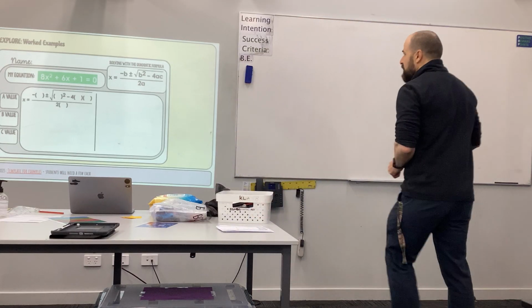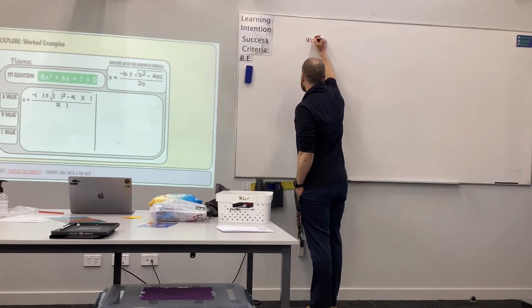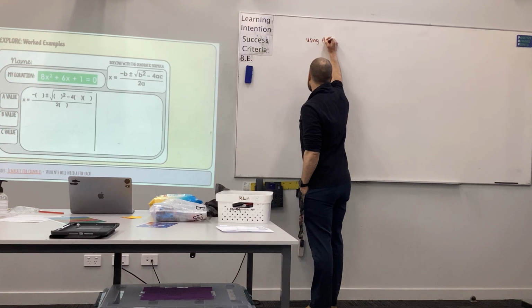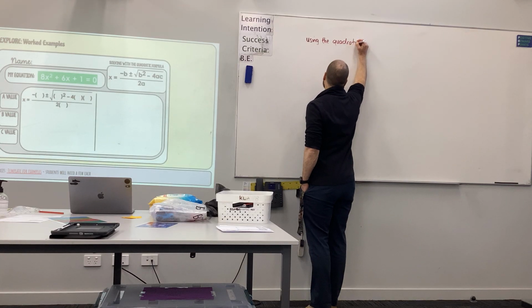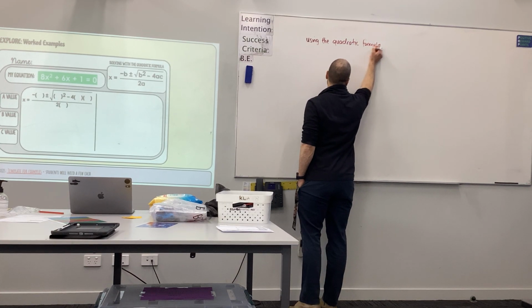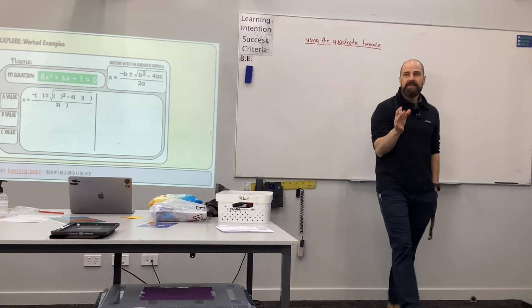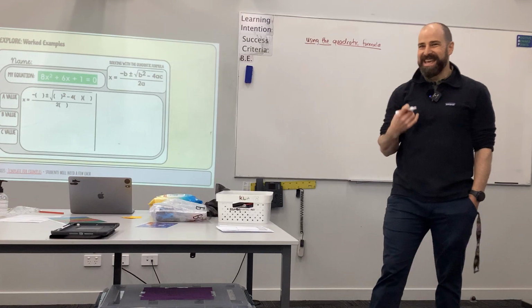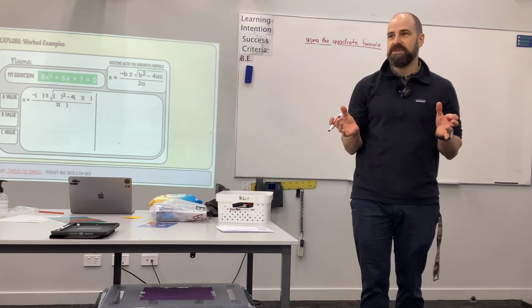All right, so using the quadratic formula. The first thing I want to state is that I can use this for any quadratic, but if I use it for something that can be easily factorised, I'm making the problem harder than I need to.